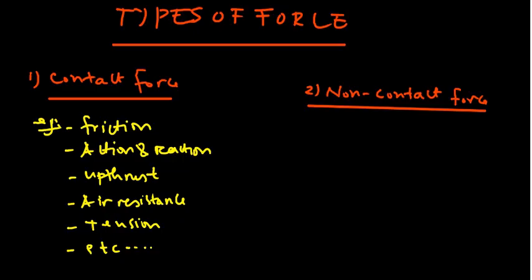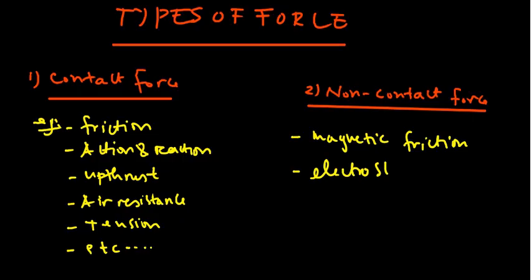Then we go to non-contact force, which are forces that can be exerted or felt without needing to be in direct contact. We are talking of magnetic force, which is the force of attraction or repulsion between a magnet and magnetic material.